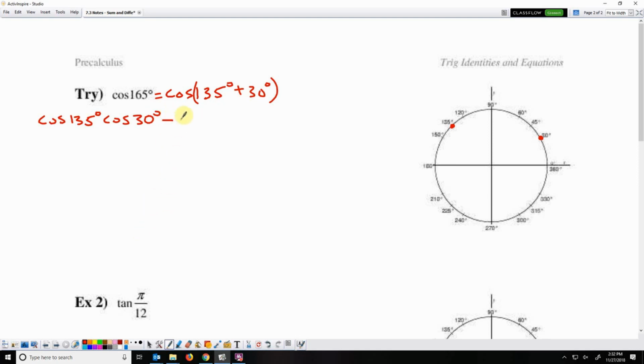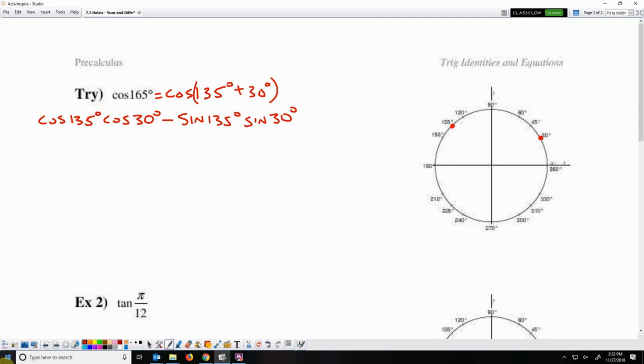Then sine alpha, sine beta, sine 135, I already did 135, sine 30. So I've got cosine alpha, cosine beta, minus sine alpha, sine beta.